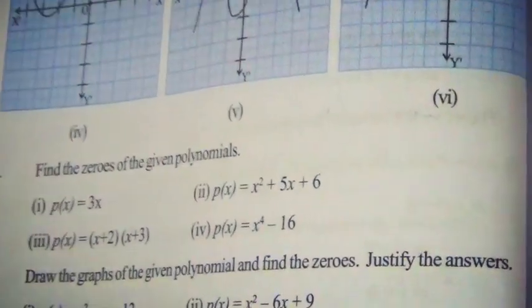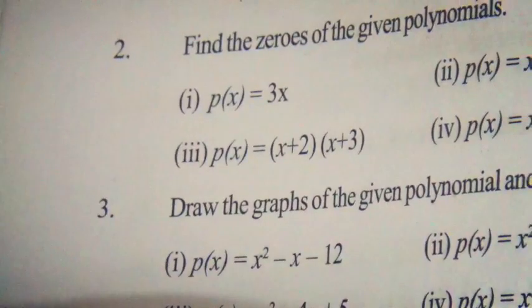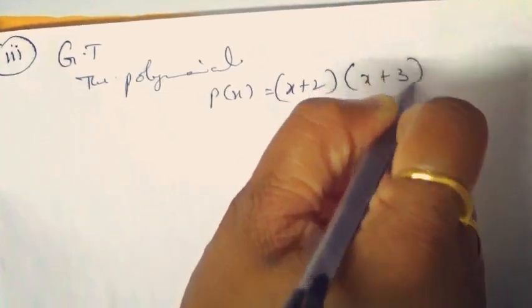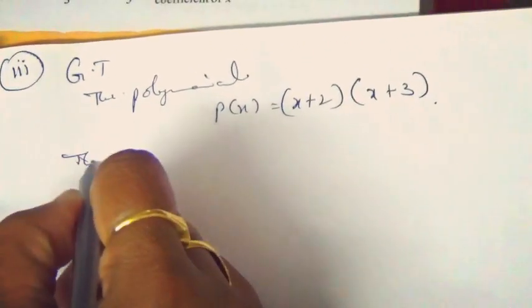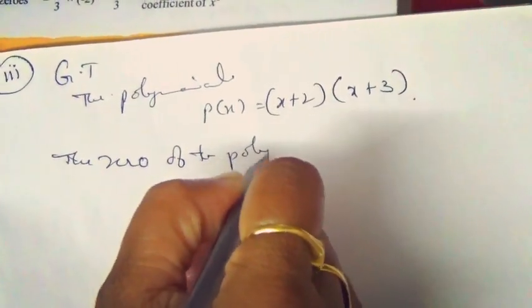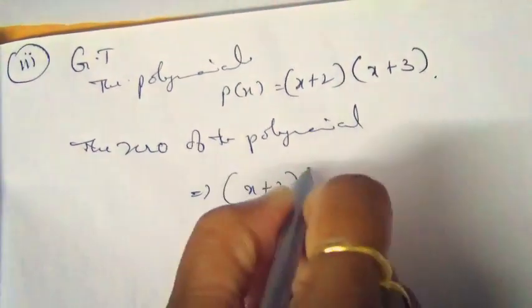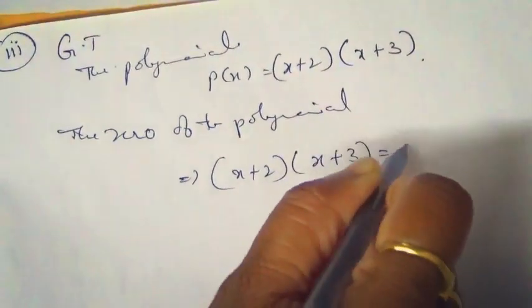The third question, what you have here, given that the polynomial p of x is equal to x plus 2 into x plus 3, directly he gave like this. So the zero of the given polynomial: that implies x plus 2 into x plus 3 is equal to 0.